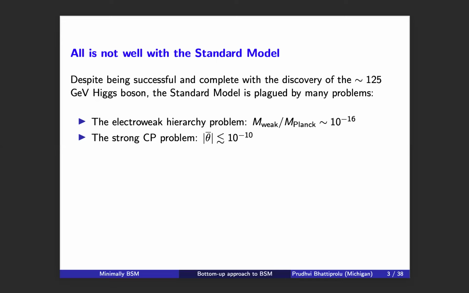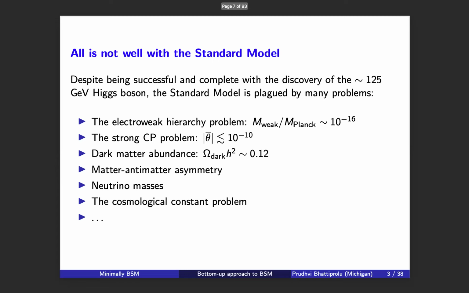There is the strong CP problem, where we expect the CP violating QCD vacuum angle theta to be of order 1, but experimentally that's not the case. There is also the question of dark matter abundance that has to be explained. And then there are a lot of other problems, which I won't go into detail. I apologize if your favorite problem is not in here. So assume those are all in these 3 dots.